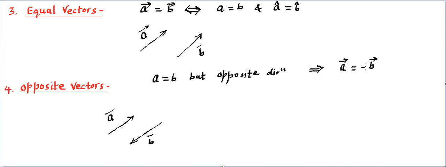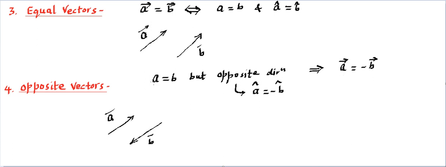This opposite direction is indicated by the minus sign. This is a rule of vectors. The opposite direction can also be written this way: direction of A is equal to minus direction of B. Whenever we write A cap is equal to minus B cap, it implies opposite directions. So the minus sign has to do with the direction, because we know the magnitudes are always positive.